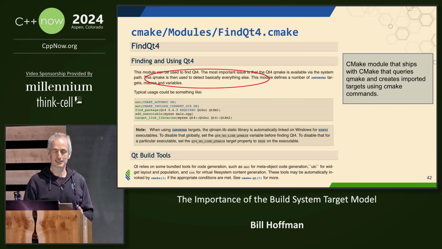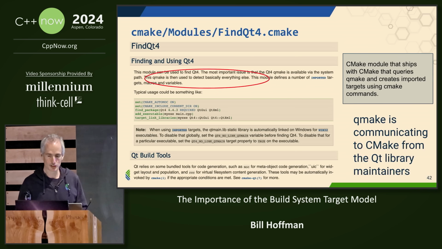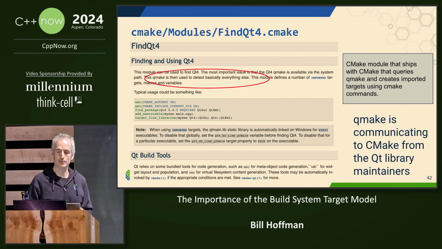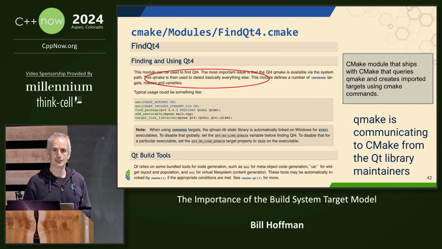So CMake was able to do that, and then we were able to create imported targets. So CMake is actually communicating with the qmake from the Qt library maintainers. So now CMake doesn't have to change every time Qt comes out with a new version.